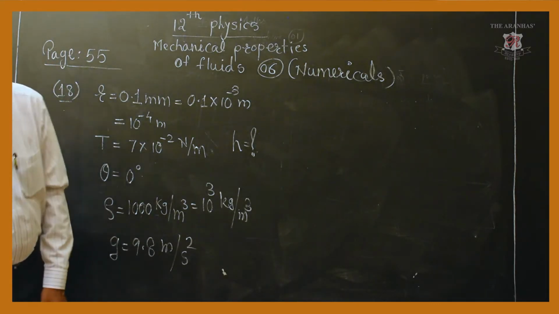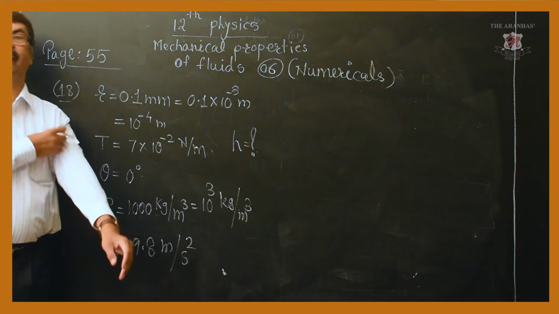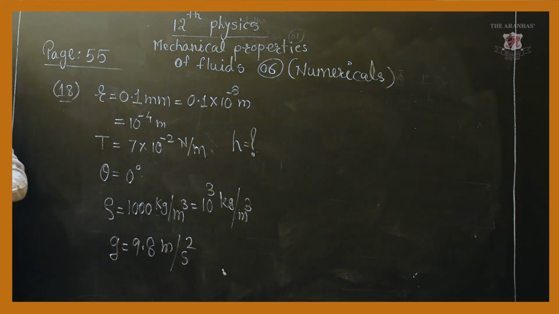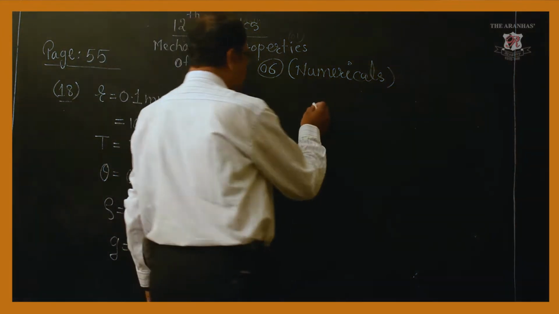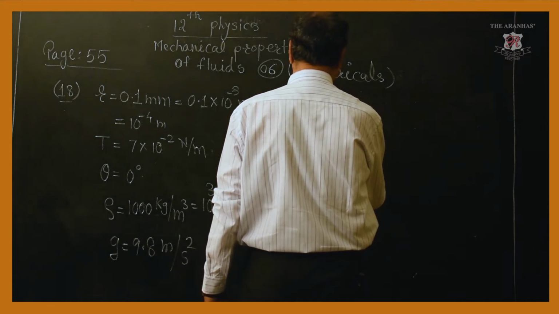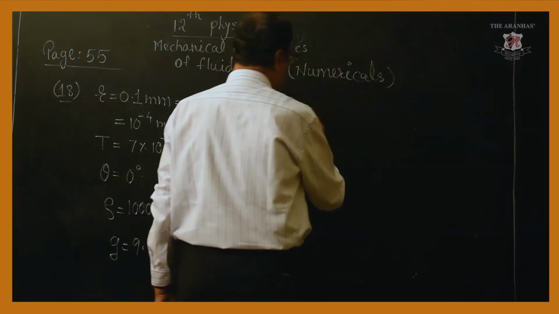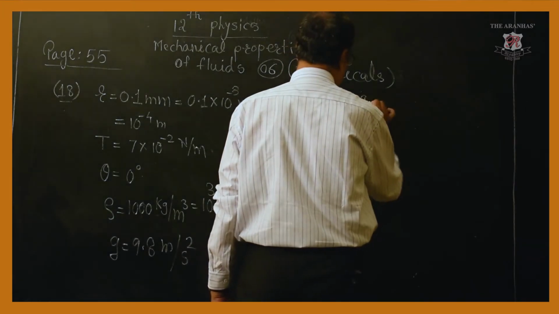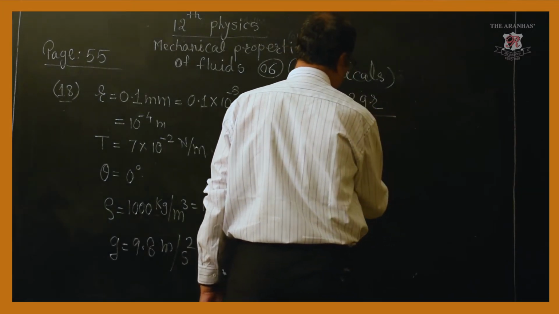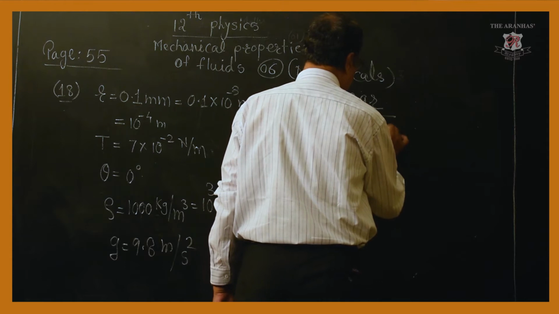In the previous lecture, we have derived the formula or relation between surface tension and all these quantities. Very easy. Use the formula T equal to h rho g r upon 2 cos theta.